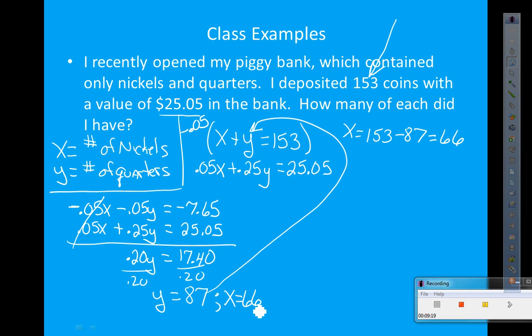Hey, now when I dummy proof it, x, when I come back over here and look, x represents the number of nickels. So I'm going to tell the world that I must have 66 nickels, and I must have 87 quarters.